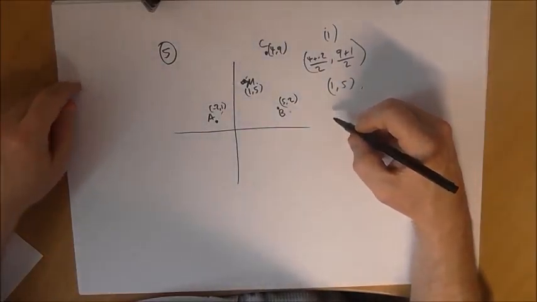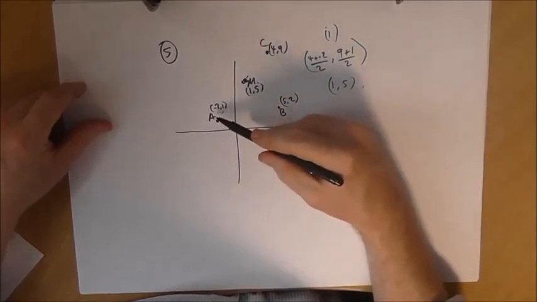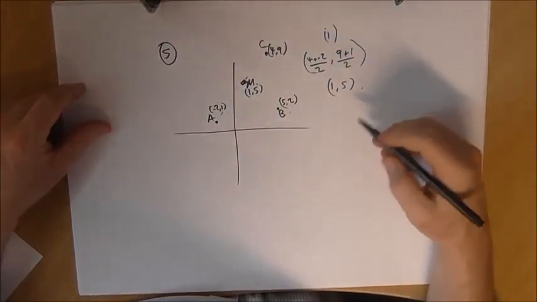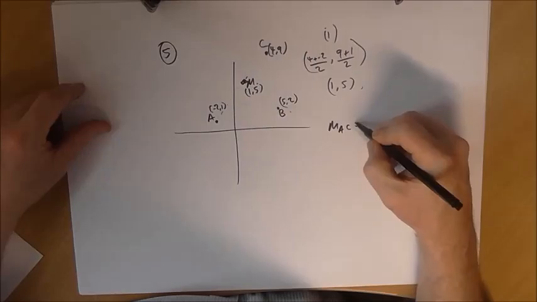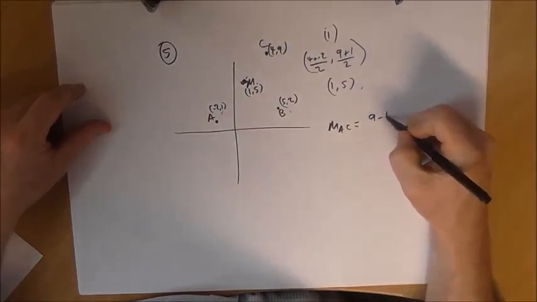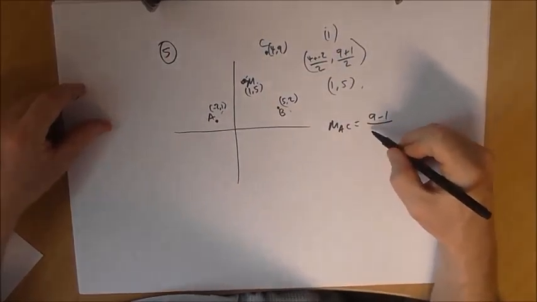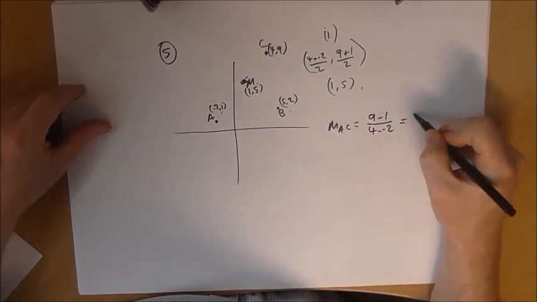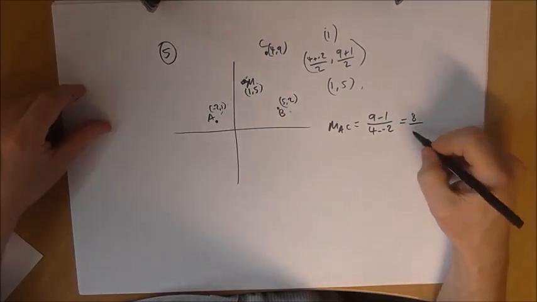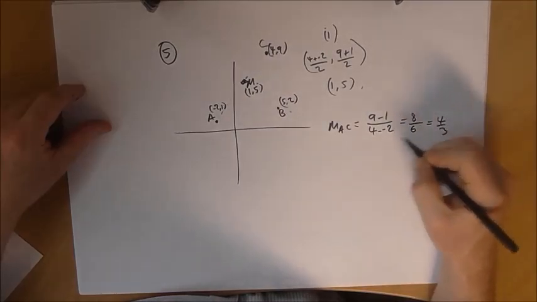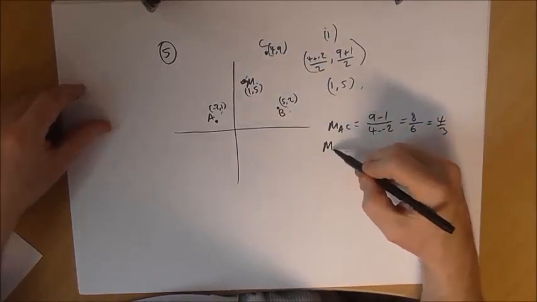Question number 2. Show that BM is perpendicular to AC. Well, let's work out the gradient of AC: subtract the y coordinates, subtract the x coordinates in the same order. I got that right. Now do the same thing for MB.